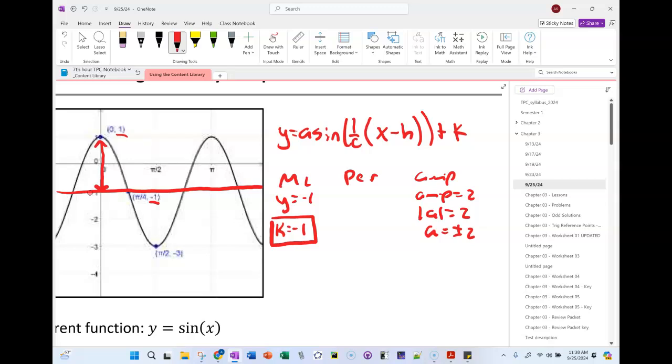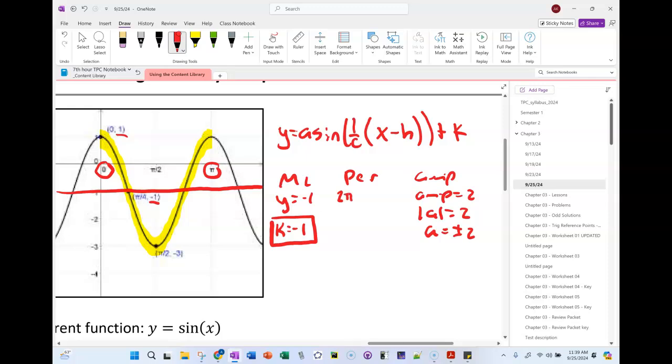The period is the length of one full cycle. Let's say we start counting at that maximum. We go down, and we end back where we started at the maximum. That's one cycle. So we started at 0 and we ended at pi. How far was that? Pi.